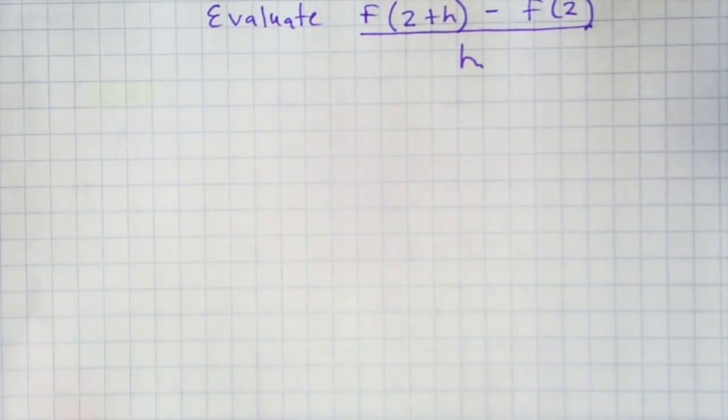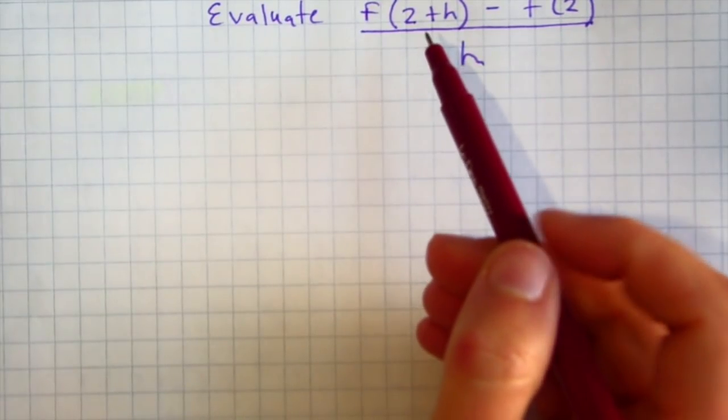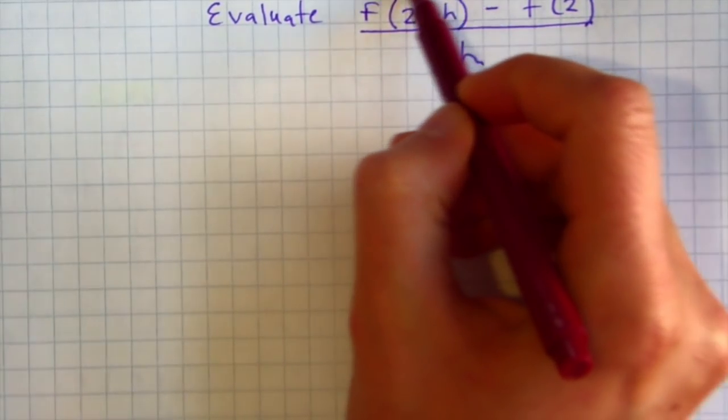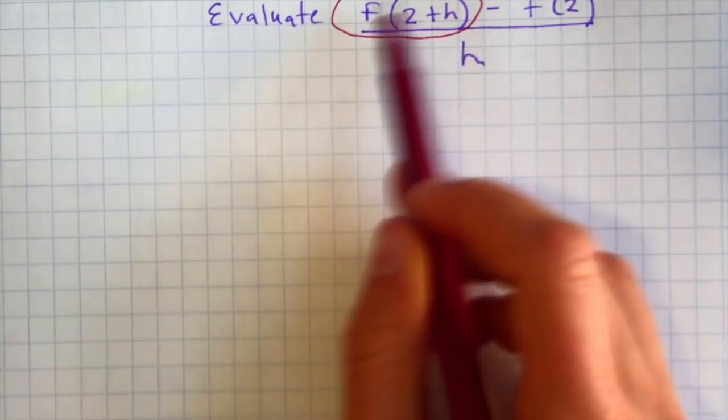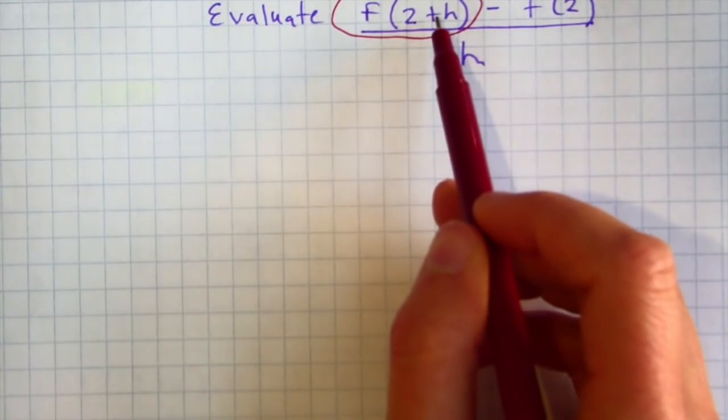Okay, so the key for me to not getting overwhelmed by this problem is breaking it down into 3 steps, which your problem set actually does pretty nicely for you. So the first thing I'm going to do is evaluate f of 2 plus h. I'm just going to focus on this part right here and ignore the rest.